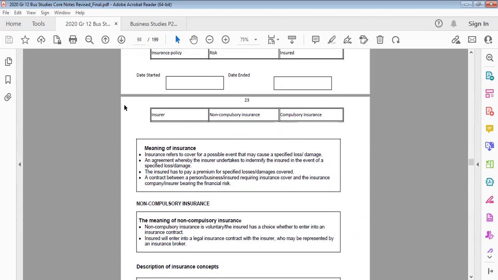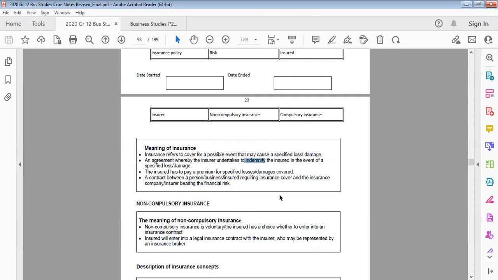Okay. So the meaning of insurance, let's cover that. It is basically a covering for a possible event that may cause a loss or damage. It is basically protection against loss. An agreement whereby the insurer, take note of the names of the parties, and also to indemnify.